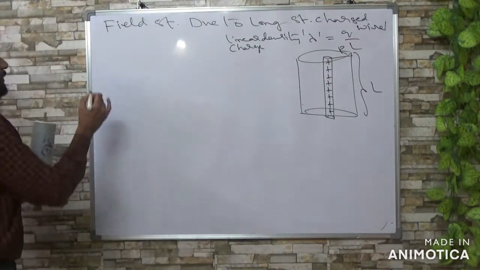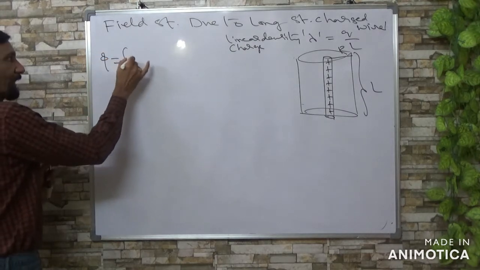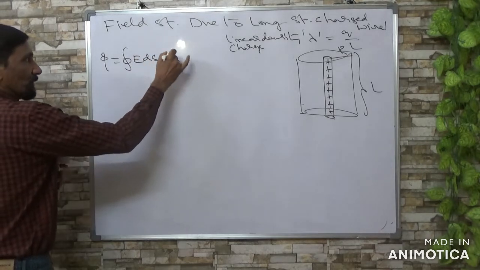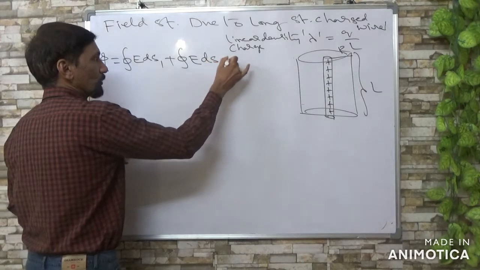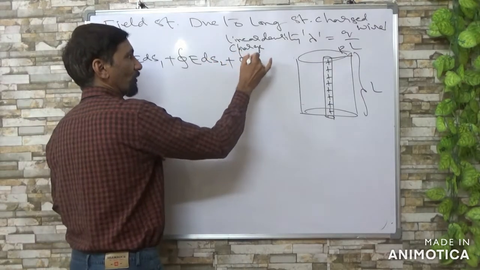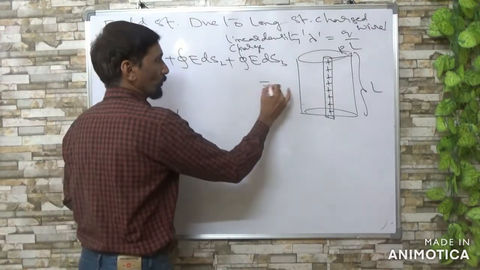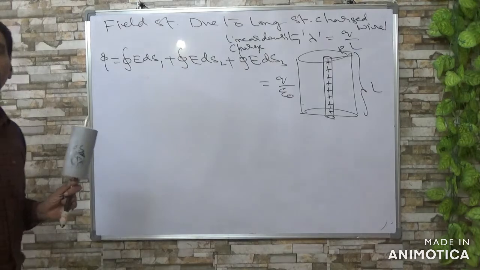So flux is equal to the line integral of E·dS1 plus the line integral of E·dS2 plus the line integral of E·dS3, which is equal to, according to Gauss law, Q by epsilon naught.